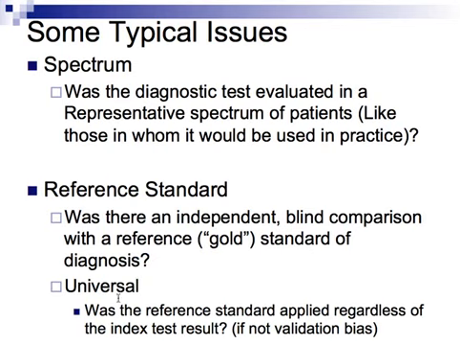The other thing that can happen is that the gold standard isn't universally applied to all the participants. It says validation bias here, but I think it's also called verification bias. Essentially, the question is: was the reference standard applied regardless of the index test results? Frequently, a surgical procedure or an imaging procedure is considered better, but these are usually expensive and hard to perform.